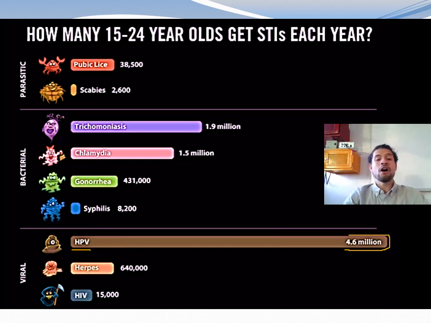HPV is one of the infections that will be taking place more often during the year. Right here we're talking just about a group of people between 15 and 24 years, so there are obviously more people getting infected that are older than 24. Hopefully, not so many that are under 15, but infections take place.